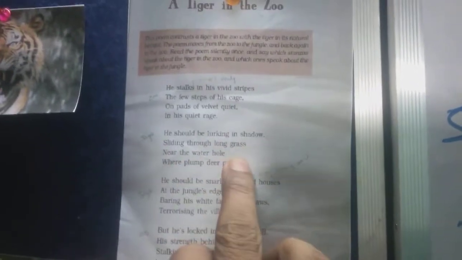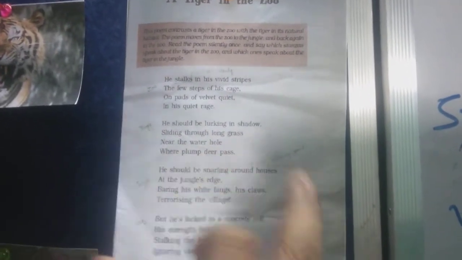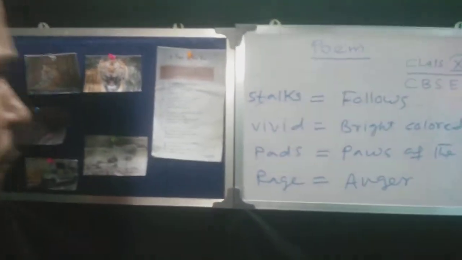He should be lurking in a shadow, sliding through long grass near the water hole where plump deer pass. Now let's check out the meaning of the difficult words first.